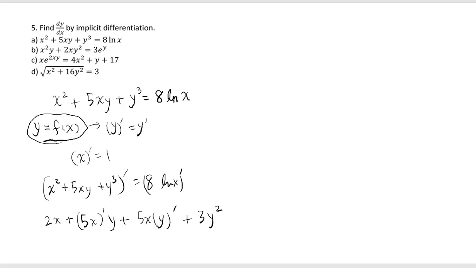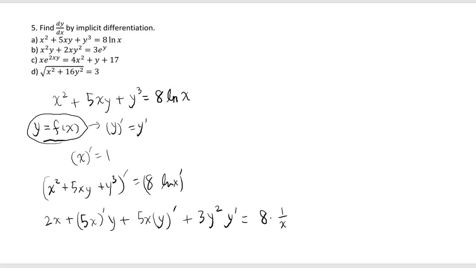But then y is an inside function which you have to pull out and differentiate. And that is the big difference between treating x and y. Whenever you have a function of y, you better be using the chain rule. Okay, 8 is a constant multiple, so we just pull it out and we just have to differentiate ln x. Derivative of ln x is 1 over x.